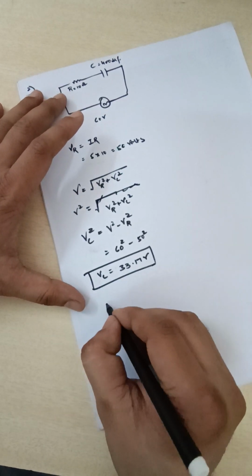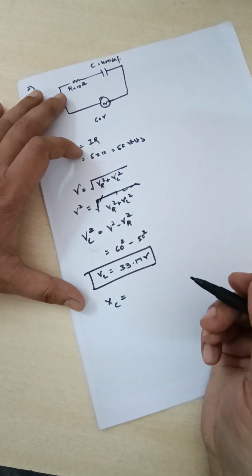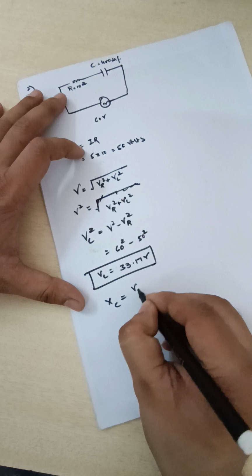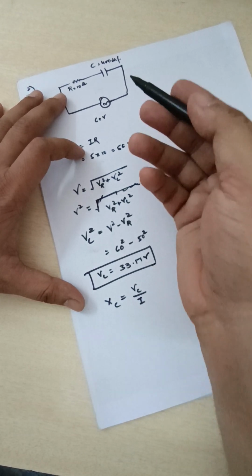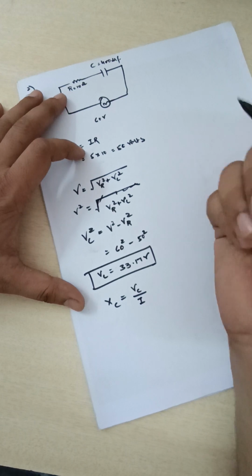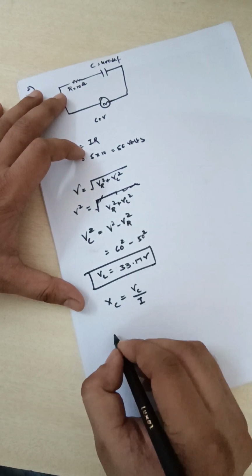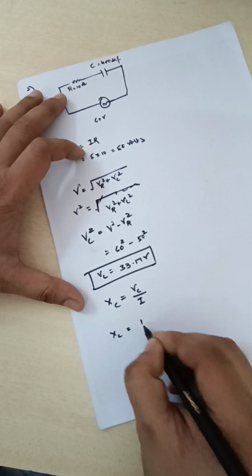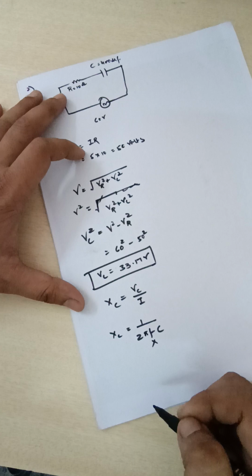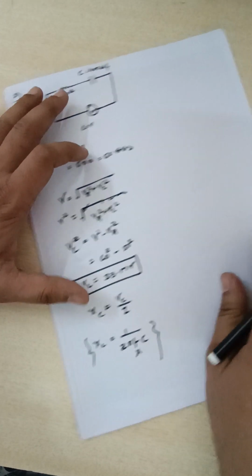Now what will be the value of XC? XC will be equal to VC upon I. Or you can calculate it by 1 upon 2 pi FC, as we know, but we don't have the value of F, so we can't use this formula for calculation of XC.